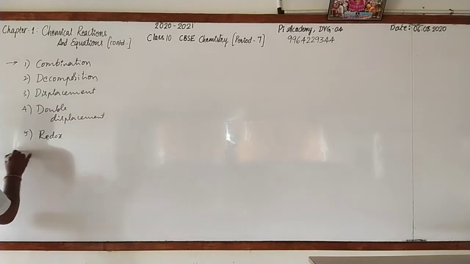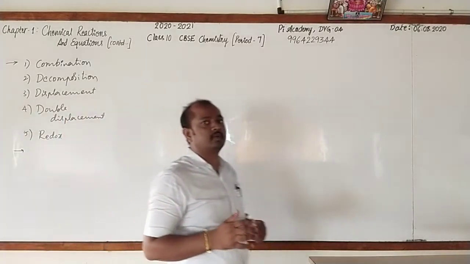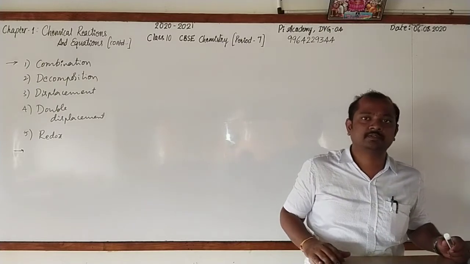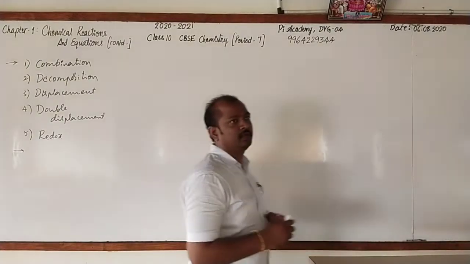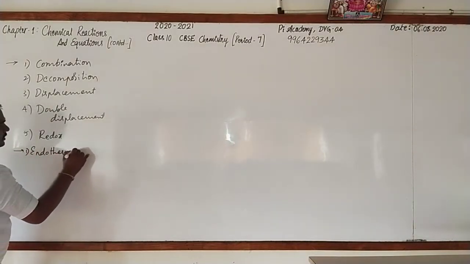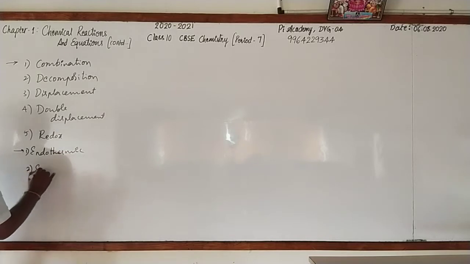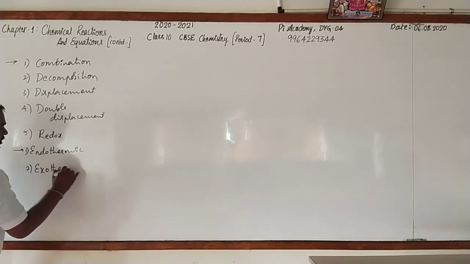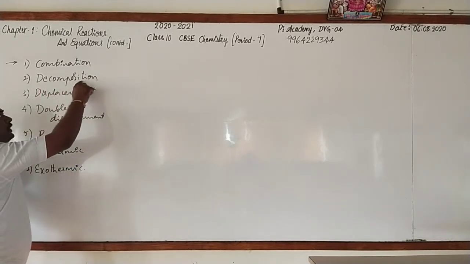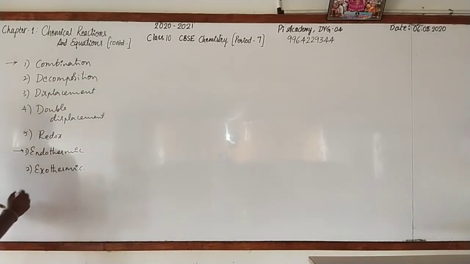In addition to these, we have also come across different subtypes of chemical reactions. Just to recall these also, yes, they are: the first one is endothermic reaction, right? Next one is exothermic reaction. Then after that, we come across the different types of decomposition reaction.